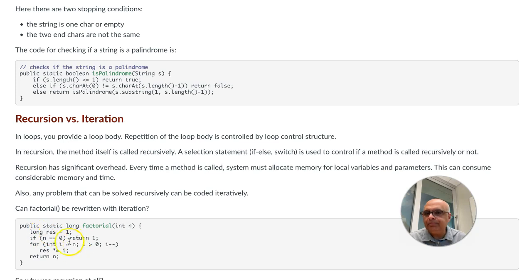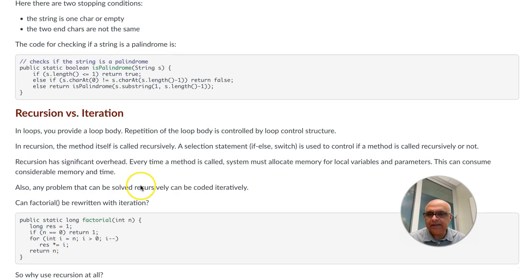For example, factorial can be rewritten using iteration with loops as follows, right? And you can have a stopping condition, and then you just have a for loop to multiply the numbers, right?